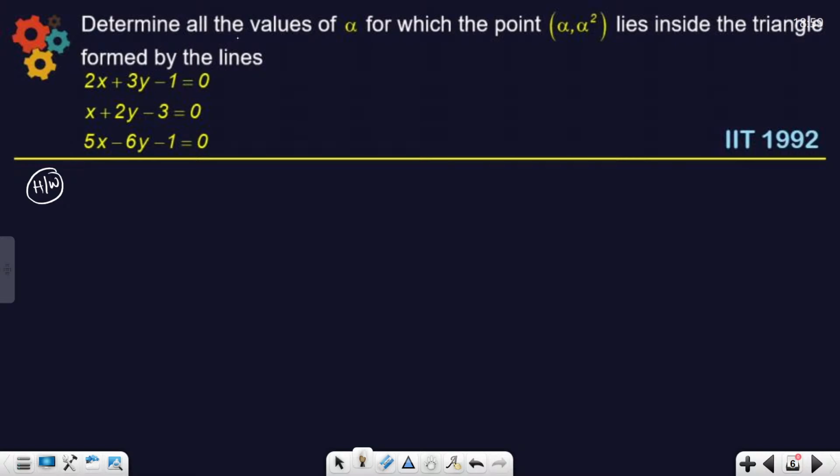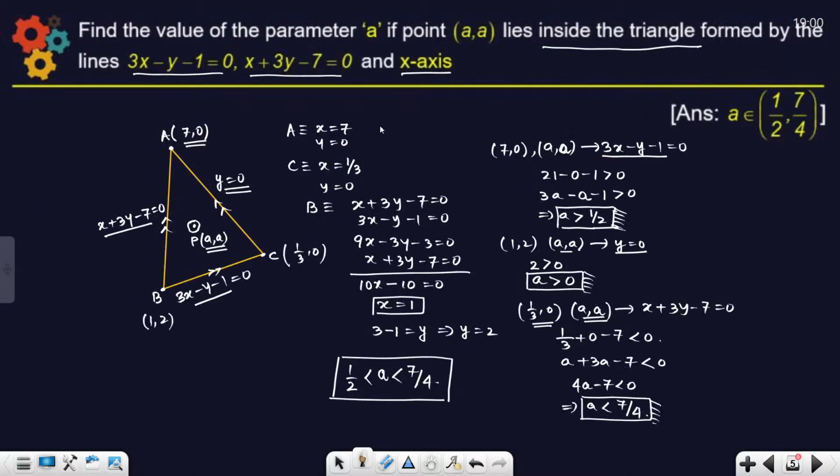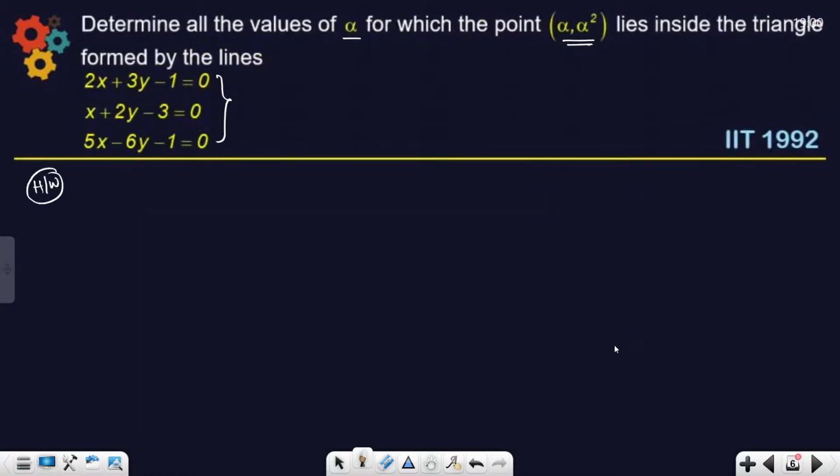What they have said: determine all values of lambda such that the given point lies inside the triangle formed by these 3 lines. Exactly the same sum I have done right now. So you people will try this sum. And again, I'm repeating, please do comment in the comment section what is the range or what are the values of alpha.